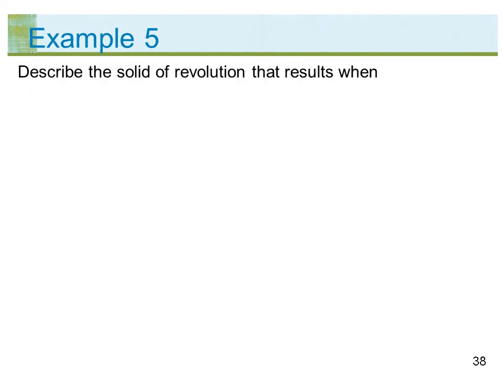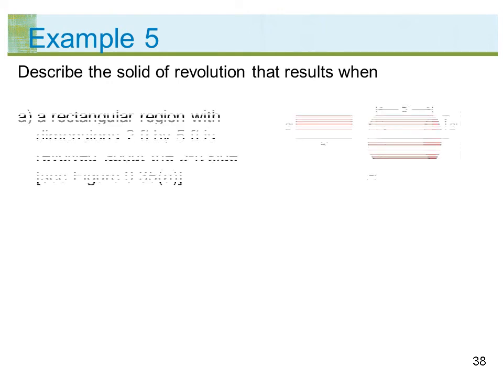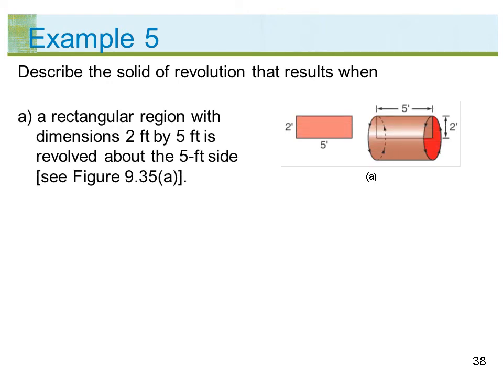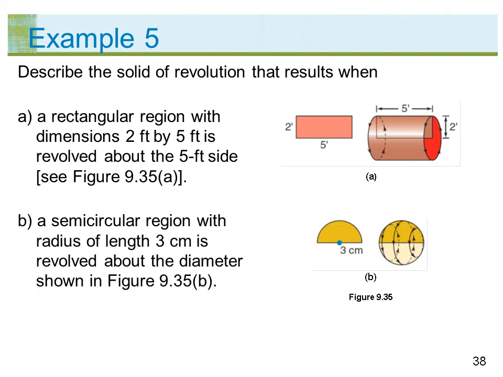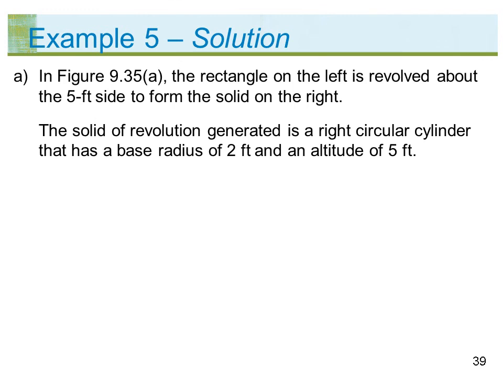Describe the solid of revolution that results when a rectangular region with dimensions 2 foot by 5 foot is revolved about the 5 foot side, see figure 9.35a. b. A semicircular region with radius of length 3 centimeters is revolved about the diameter shown in figure 9.35b. a. In figure 9.35a, the rectangle on the left is revolved about the 5 foot side to form the solid on the right.